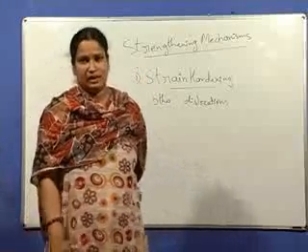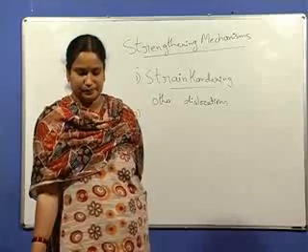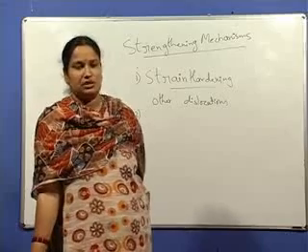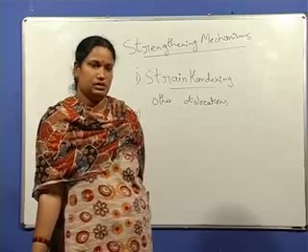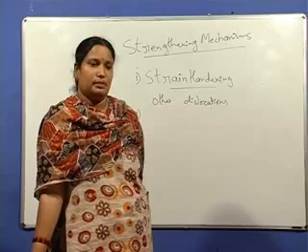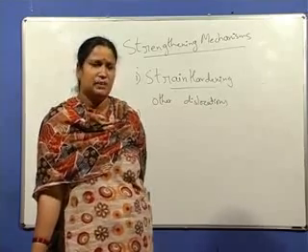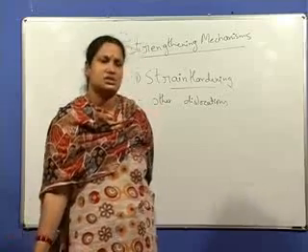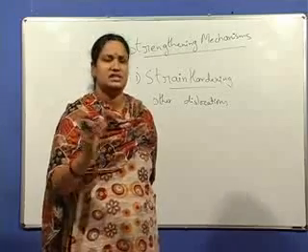The second type of strengthening mechanism is the boundaries. The boundaries also act as obstacles to the movement of dislocations. A grain boundary is not penetrable by a moving dislocation. That means a moving dislocation cannot cross the grain boundary into the adjacent grain.